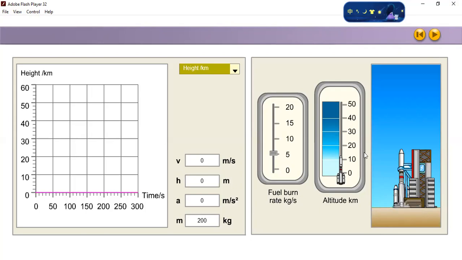So even after burning all the fuel, it cannot fly. Next, what will happen if I double the burning? Same, nothing happened. We try to increase to 15 kg per second burning of the fuel.